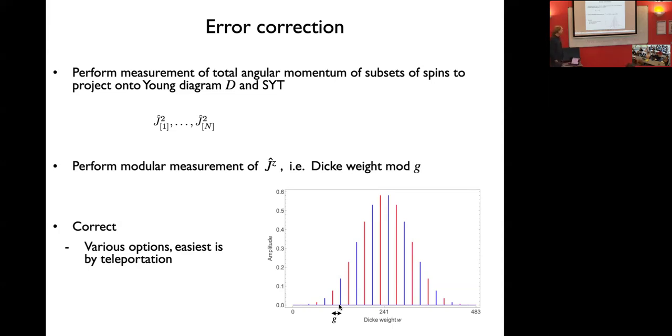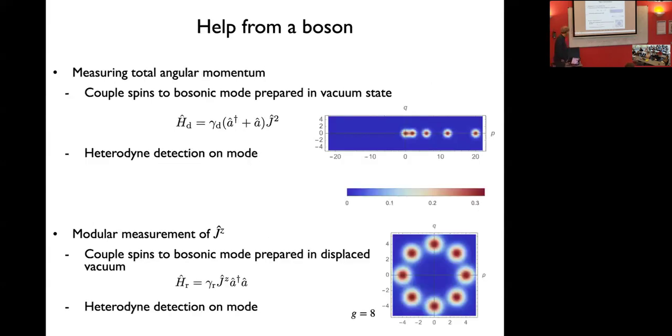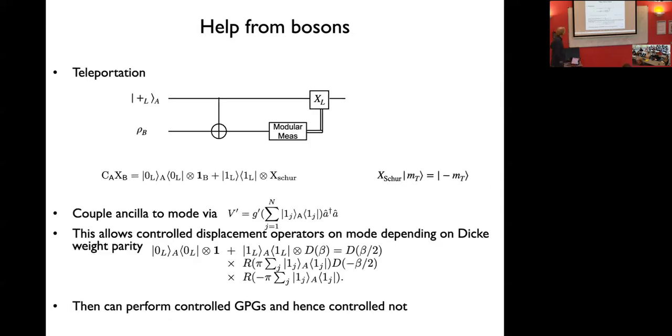There are different options, but one way you can do this is via teleportation. Yes, so one way you could do a correction is by teleportation. Let's say you had your register, row B, which had experienced some errors.